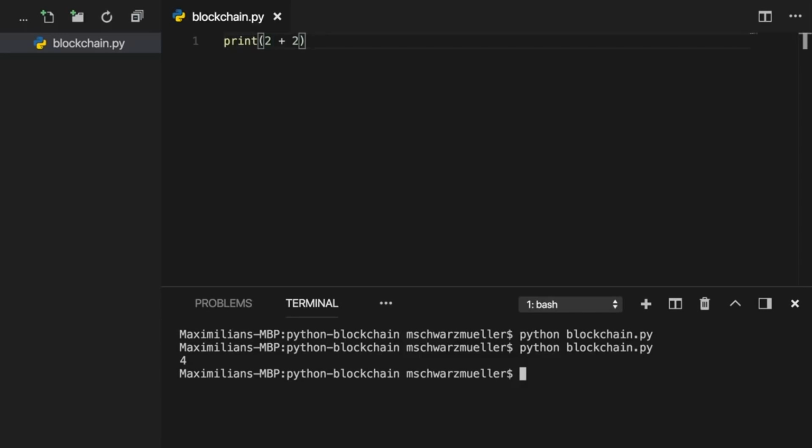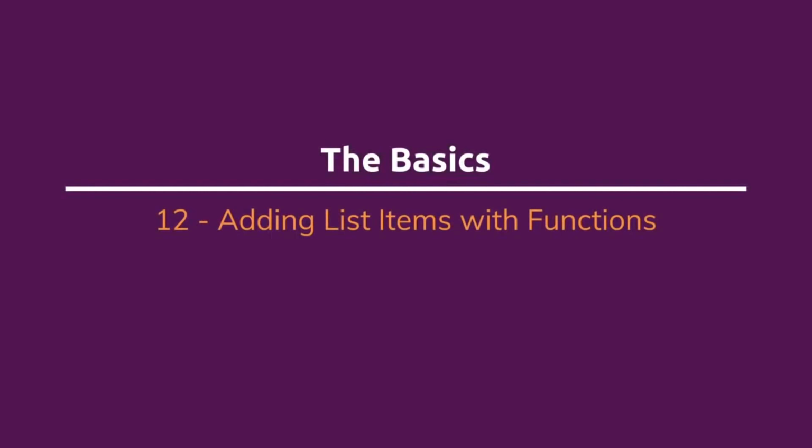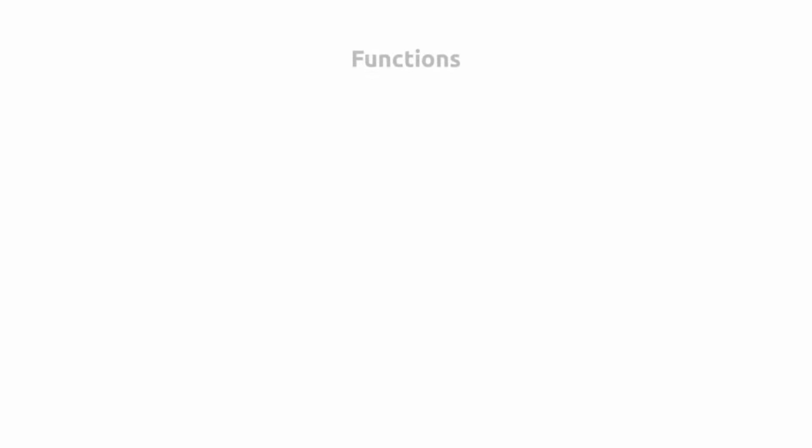And I mentioned print is a function, right? And we saw that append and pop function too. So let's dive into functions next, because this will allow us to create a better blockchain. What are functions?